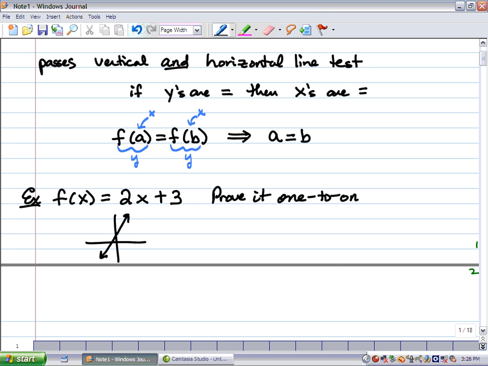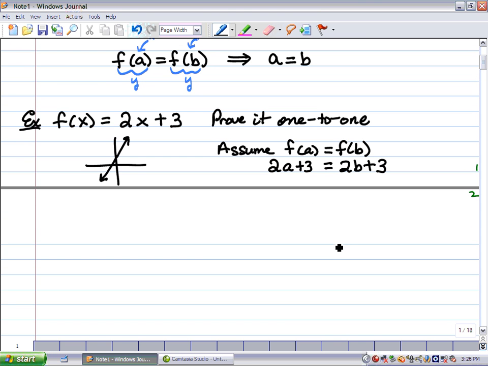using this method. So we're going to assume that f of a equals f of b. Well, what is f of a? 2a plus 3. And what is f of b? 2b plus 3. So how are we going to get to a equals b?